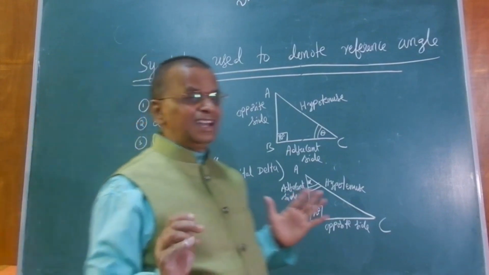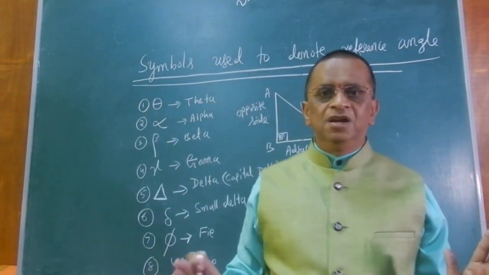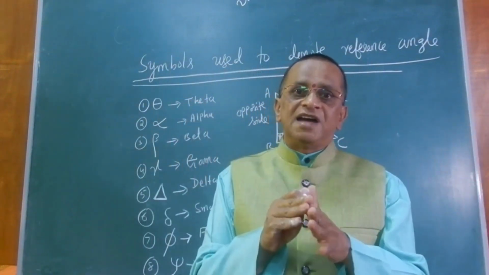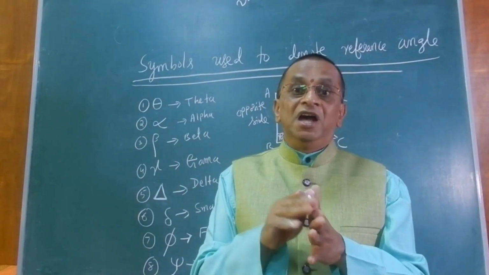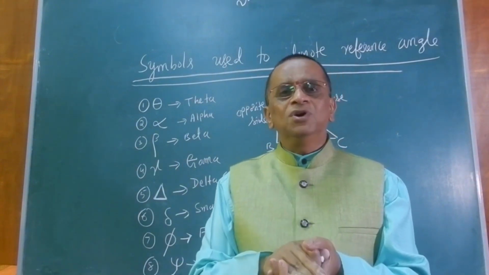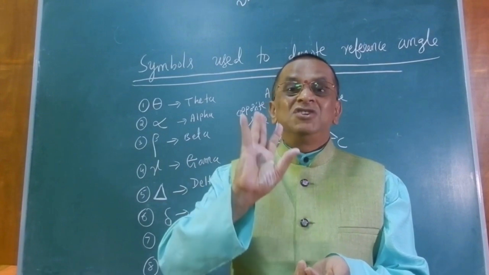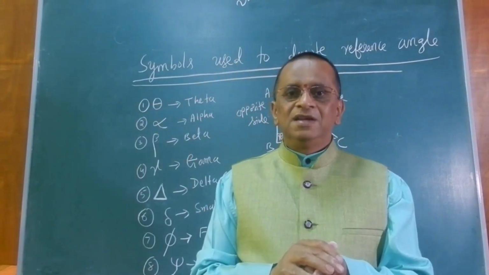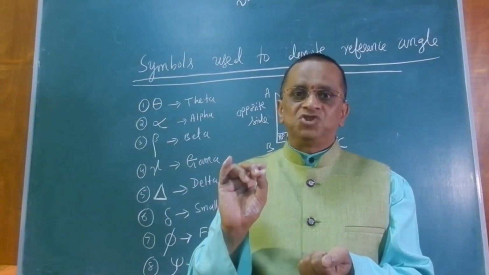There is a relationship between trigonometric functions and sides of a right angle triangle in ratios. Therefore, we call them trigonometric ratios. Let us learn about trigonometric ratios now.